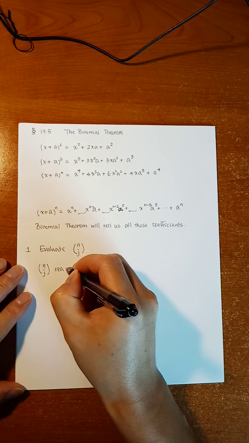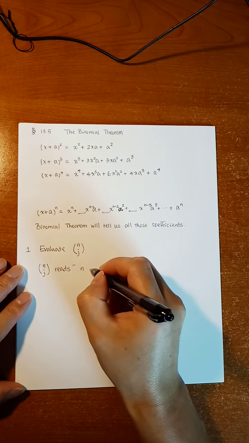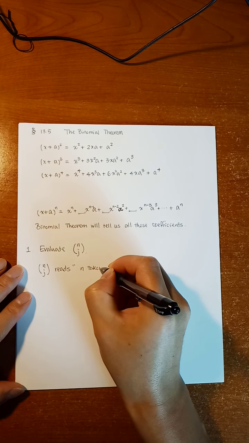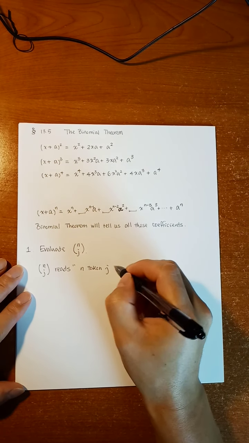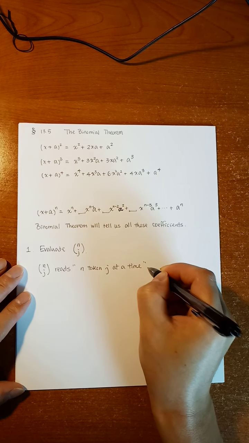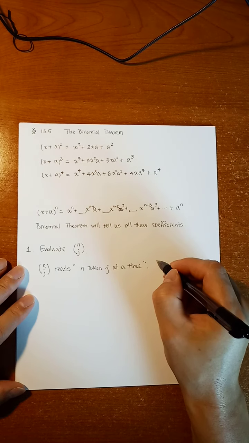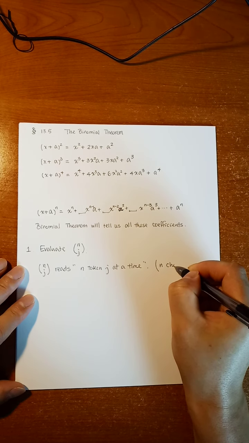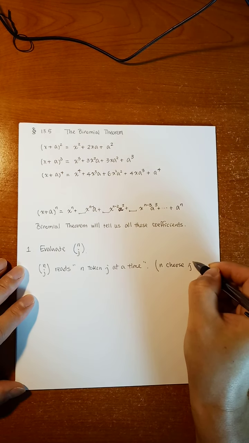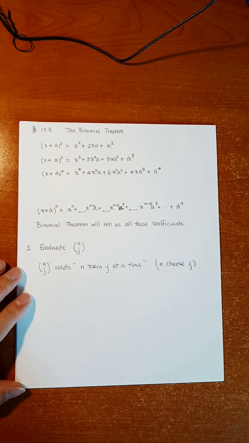It reads n taken j at a time, or n choose j. You can also say n choose j. I prefer this one. It's simpler.